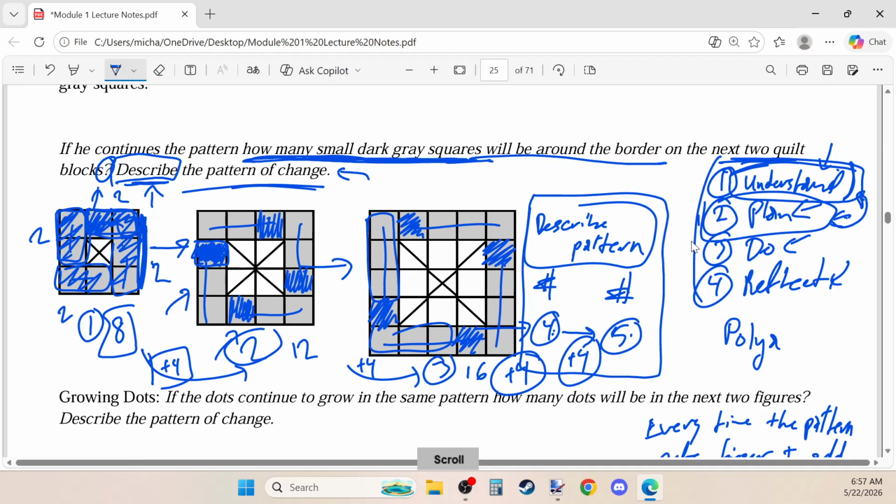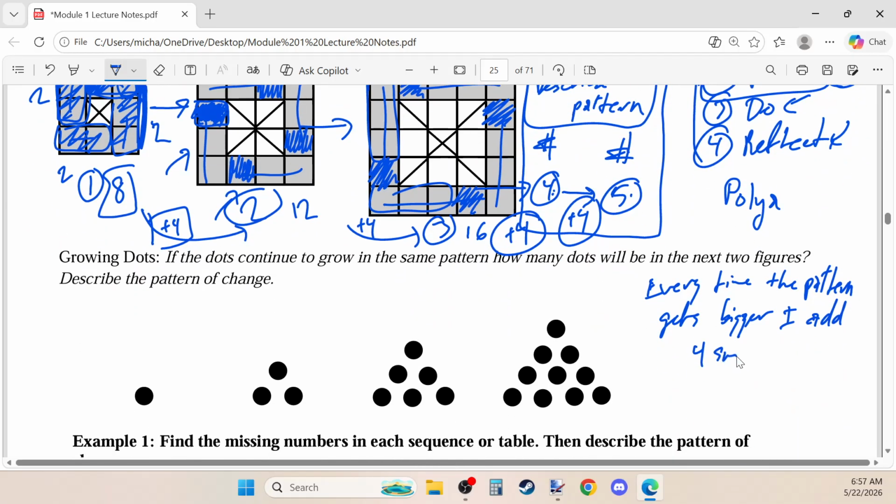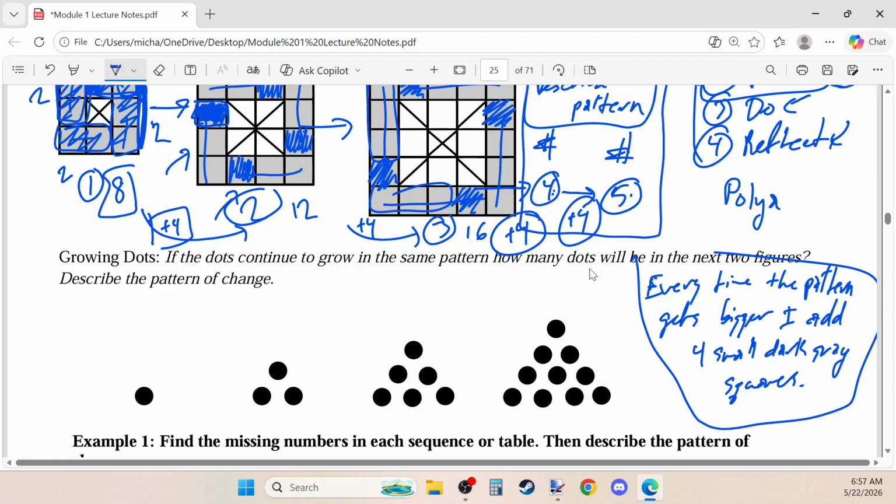I think that they call them small dark gray squares. It's good to use the same terminology as the question. So there's our pattern. And then the numbers would be, well, if pattern 3 has 16 and we add 4, then the number in 4 is 20 blocks, and we add 4 again and we get 24 blocks.